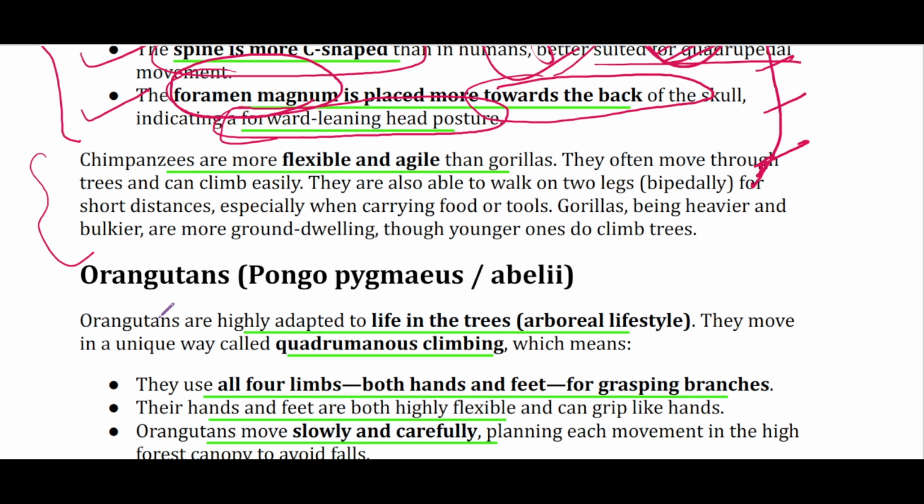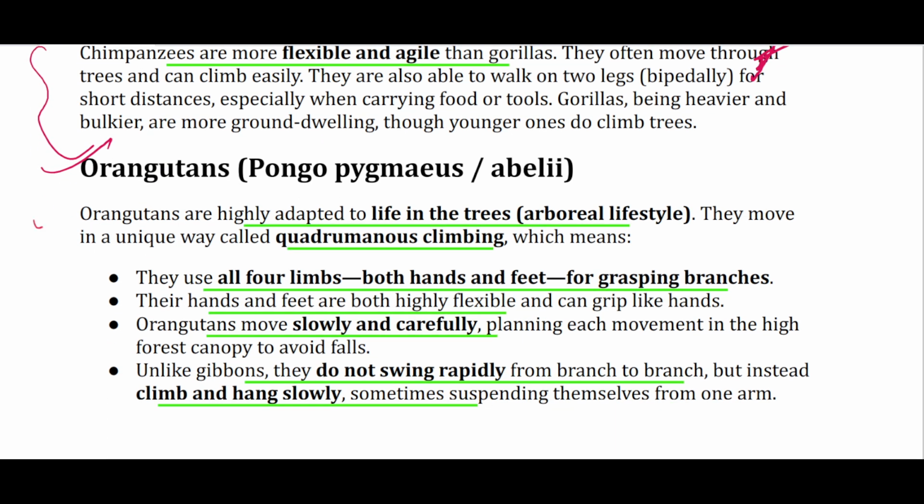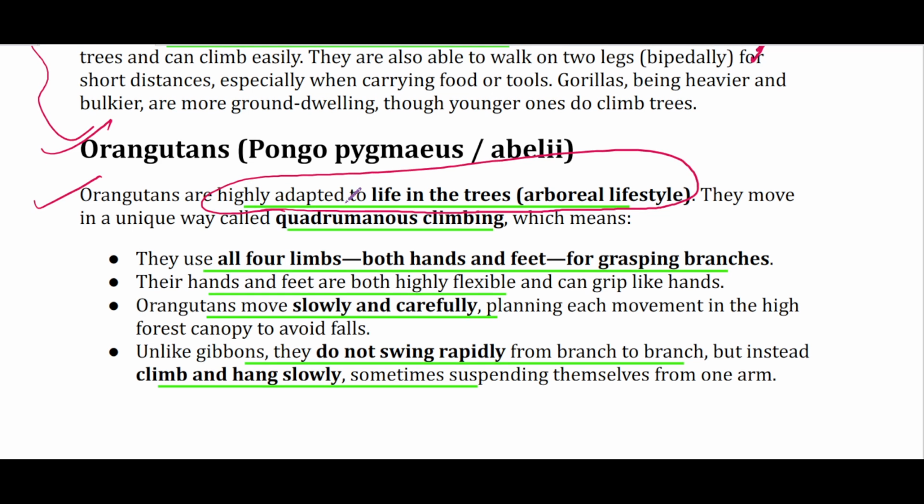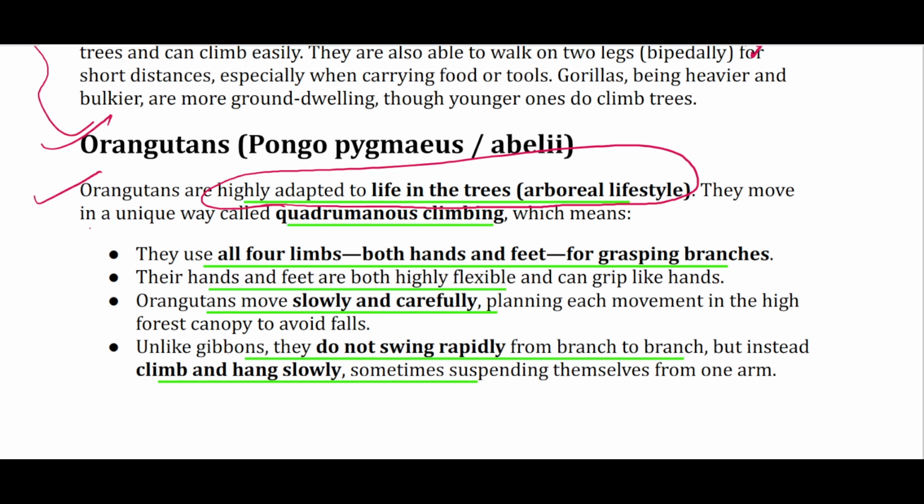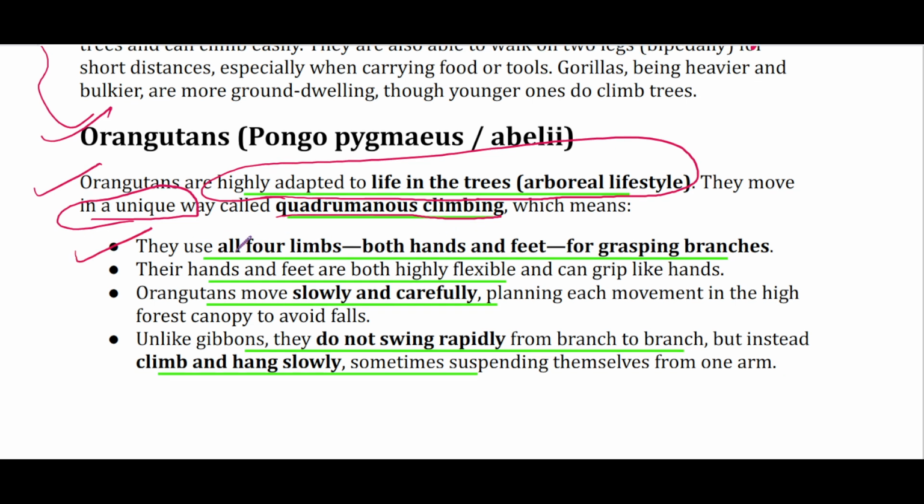And then orangutan. Orangutans are highly adapted to an arboreal lifestyle, a life in the trees, and they move in a unique way, which is known as quadrumanous climbing. That means they use all four limbs, both hands and feet, for grasping branches.